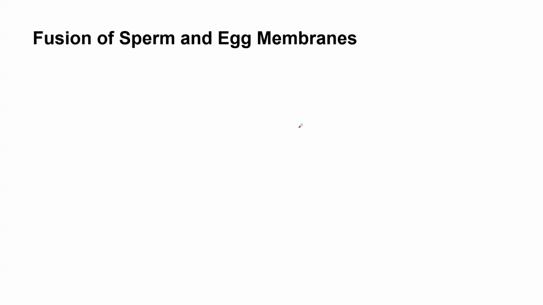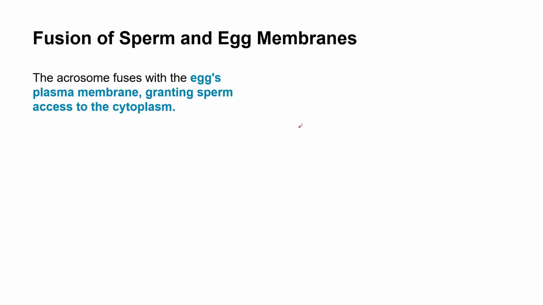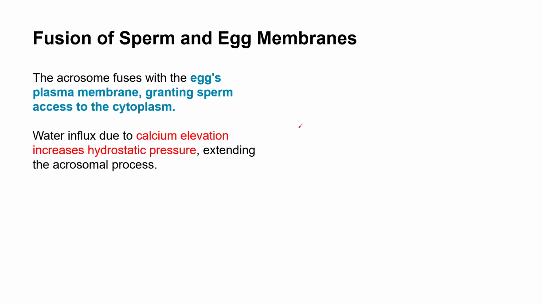So now, the next thing is the fusion of sperm and the egg membrane, how the sperm cell and egg membrane fuse. So the acrosome first fuses with the egg plasma membrane, granting sperm access to the cytoplasm. So there is a water influx. Water influx due to calcium elevation increases hydrostatic pressure, extending the acrosomal process.